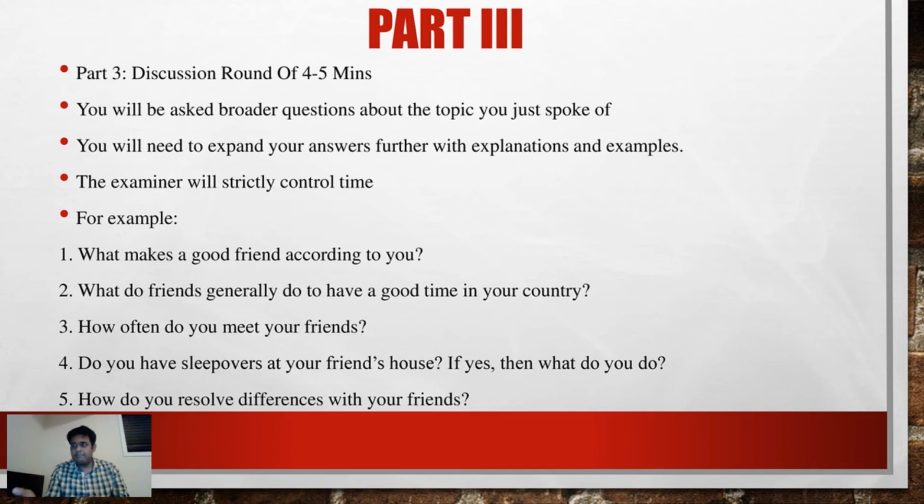Some people think their friends need to be funny. Some people think that there needs to be a connect with them. Some people think that there need to be at least 3 to 4 qualities that are common. There are so many things that make your friends close to you. So you just have to explain what makes a good friend to you.